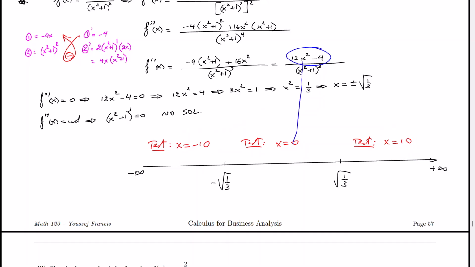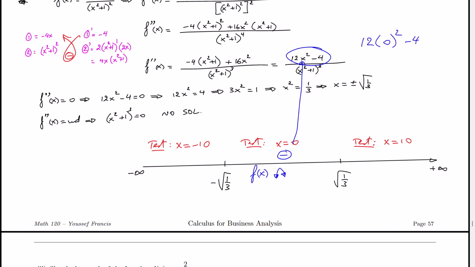Let's start with 0. If I plug 0 there, I'm going to end up with 12 times 0 squared minus 4. And so that's going to be 0 minus 4, which is a negative amount. Because it's a negative amount, that means the function f of x will be concave down on this interval.